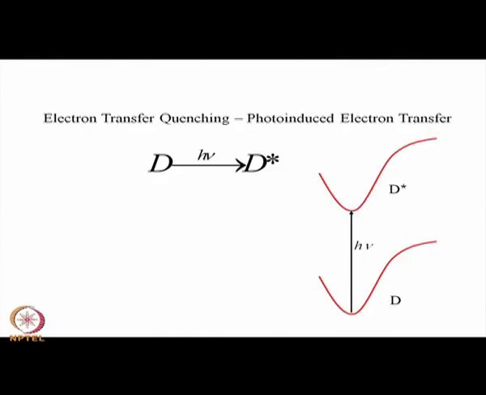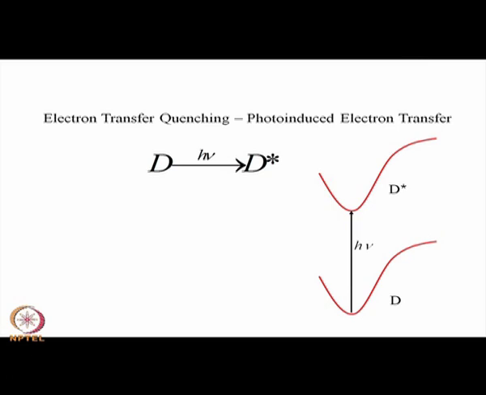From that, the term electron transfer quenching comes. If you do not have any acceptor, or anything else other than this D star, then if D star is emitting, you can expect emission from D star.